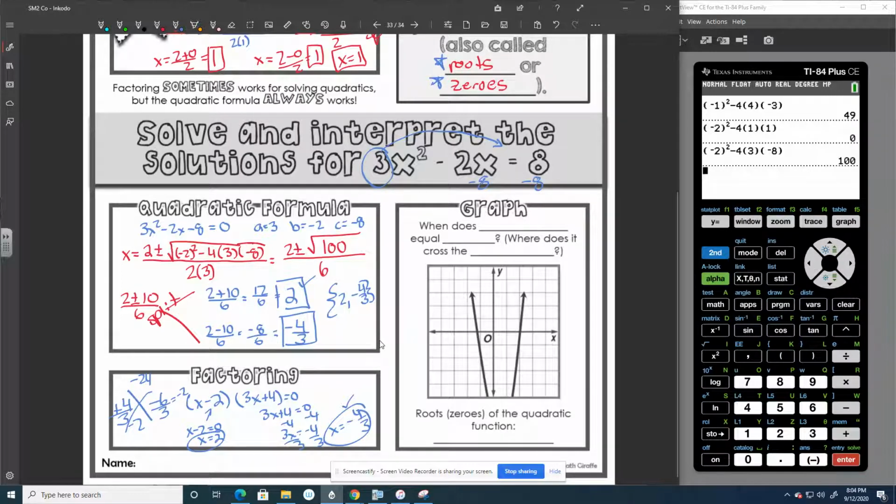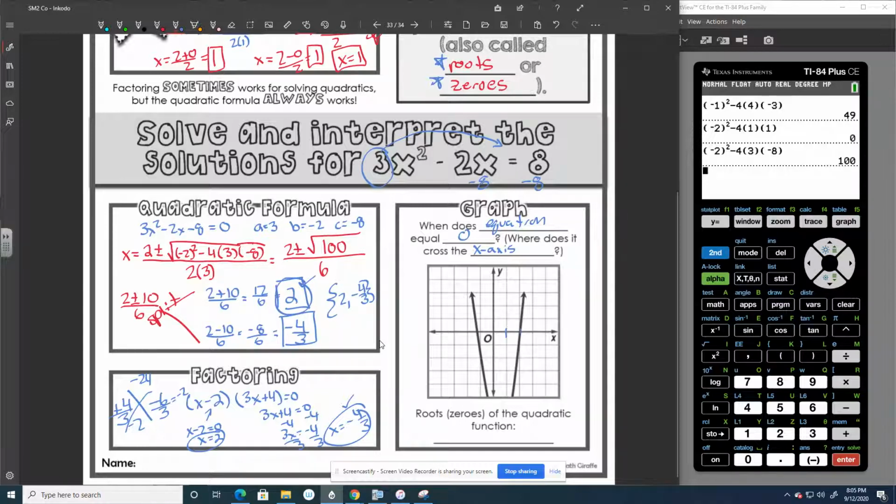Graphing, we've talked about this a whole bunch, but when does our equation equal 0? So when does that 3x squared minus 2x minus 8 equal 0? Well, remember, that's where it crosses the x-axis, okay? So if I look at my picture, if I'm using this problem right here, it crosses the x-axis at 2.